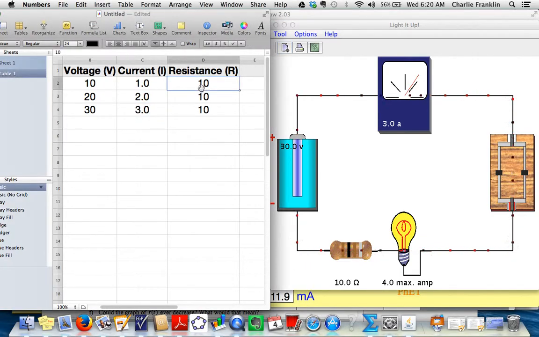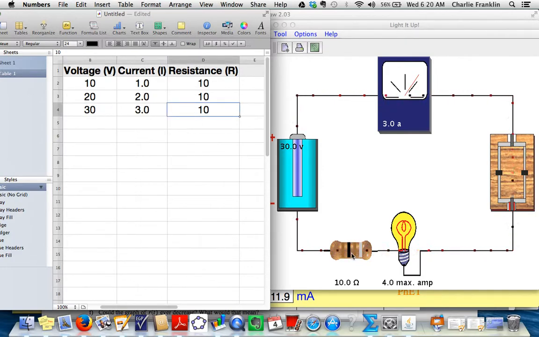So as we've kept the resistance constant, hopefully you can see that as the voltage increases, the current also increases. Let's see if we can hold the voltage constant now and increase the resistance, and then we'll see what happens to the current.